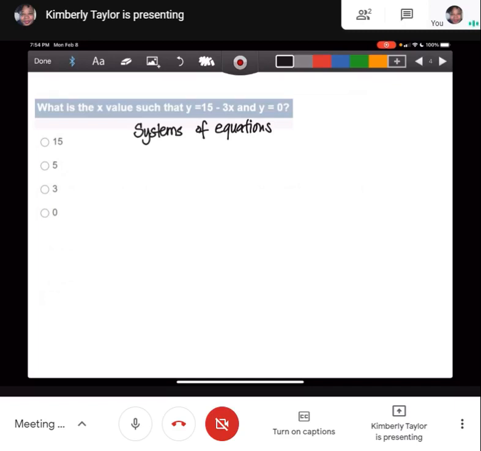So your system is y equals 15 minus 3x, and then y equals 0. Since both equations are y equal something, you can set them equal to each other. So 15 minus 3x is equal to 0. And you solve your problem.